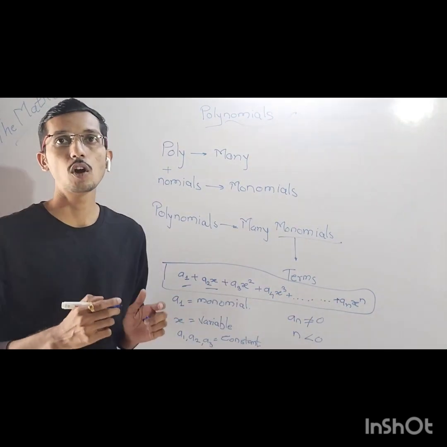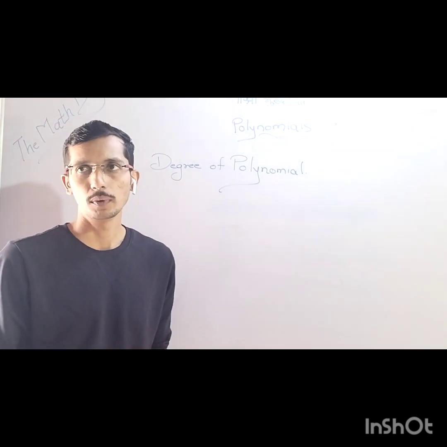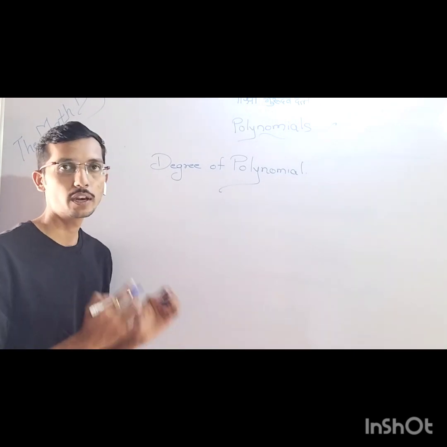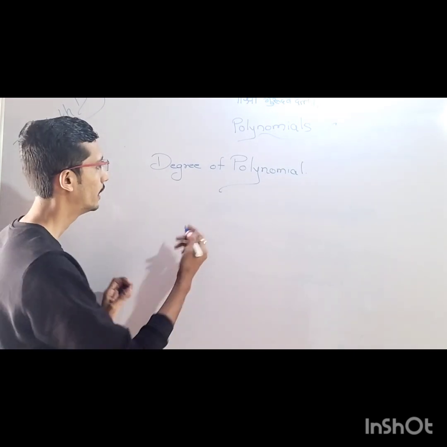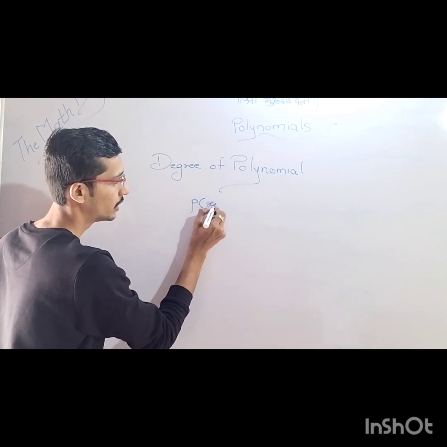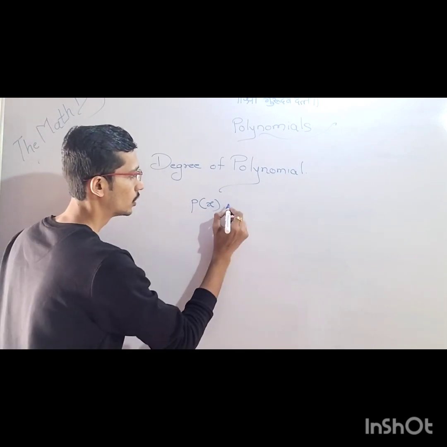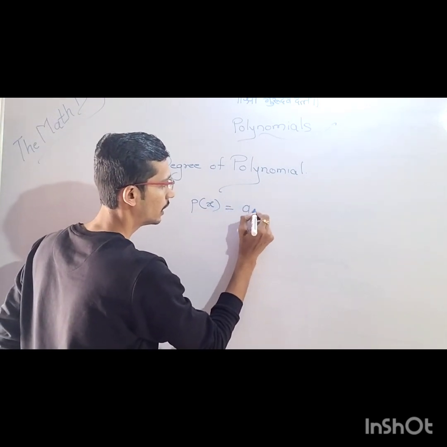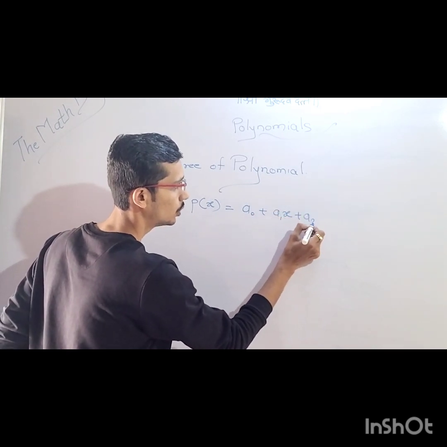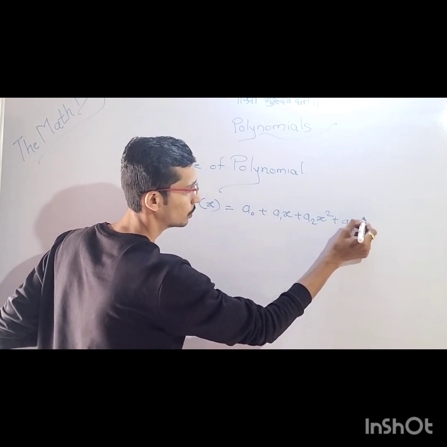So what is the degree of a polynomial? Degree of a polynomial is the highest power of the variable in the polynomial. Let's take an example of a polynomial. A polynomial is written in the form p of x. P for the polynomial, x is the variable. So let's take an example: a0 plus a1x plus a2 x square plus a3 x cube.